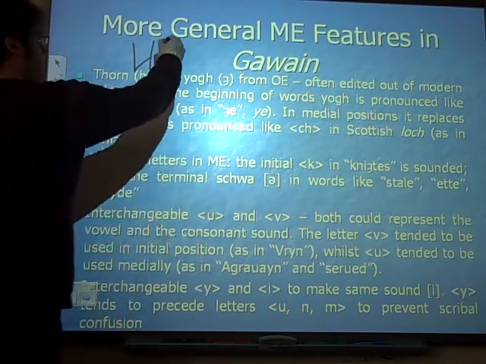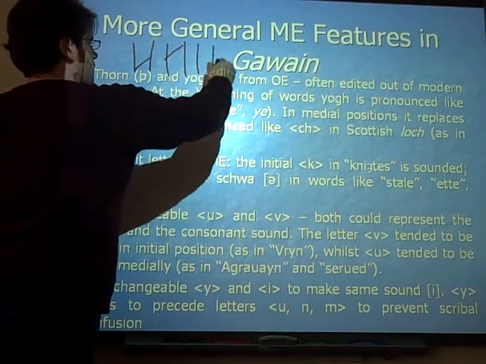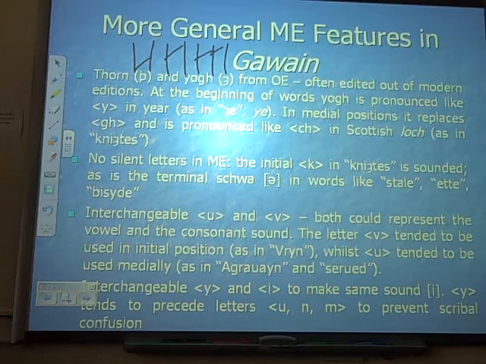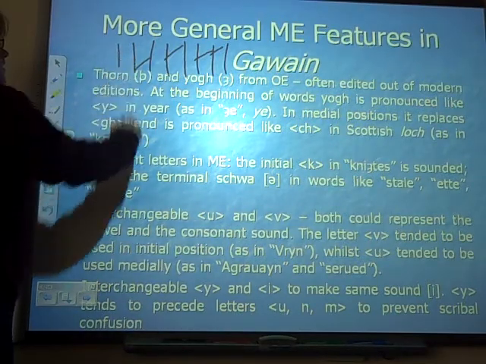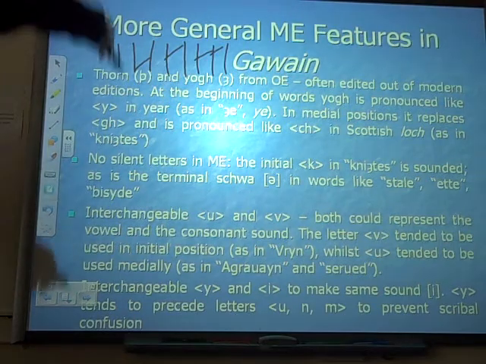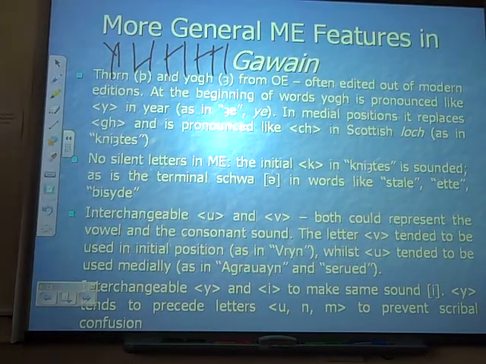If you want to make an N, further up, and you want to make an M. So if you're doing an I in front of that as well, you're going to get confused by these minim strokes. So it's easier just to use Y instead. You can tell the difference.